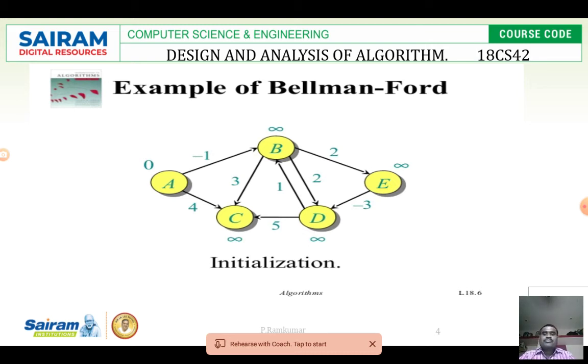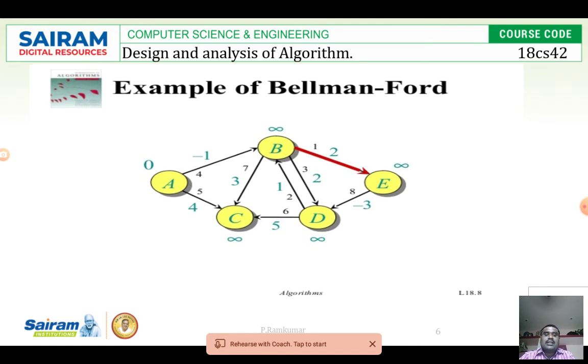So now I am going to compute the distance. 0 minus 1, minus 1 is less than infinity. So in B, infinity will be replaced by minus 1. Now here, as I said before, I will take any route.